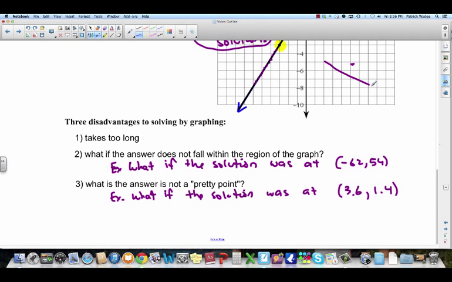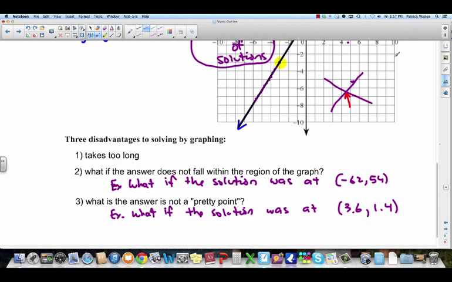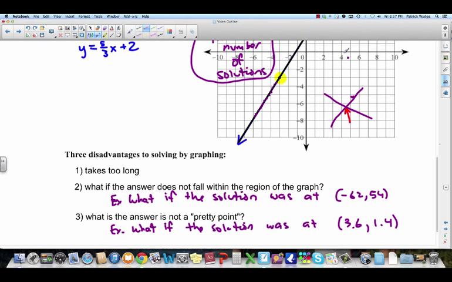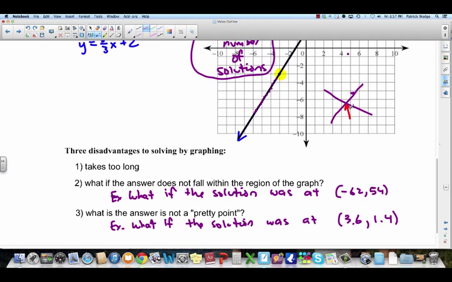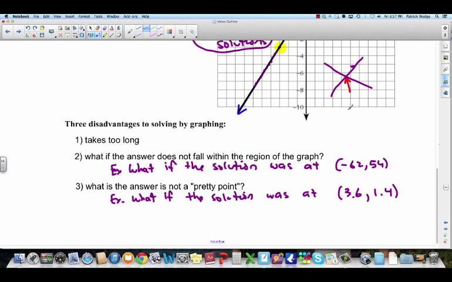If you had your two lines crossing and they crossed right there, and you said, okay, my solution is right where they cross, right there. Well, I don't know exactly what that point is. Is the x value of that 4.3, 4.4, 4.5? Is the y value negative 6.2, 6.3, 6? It's too hard.